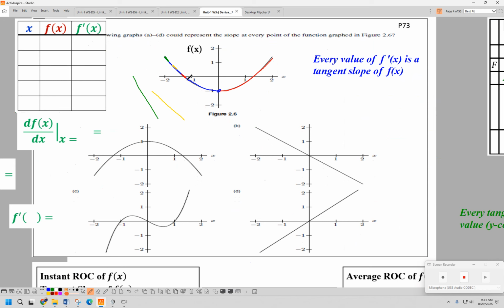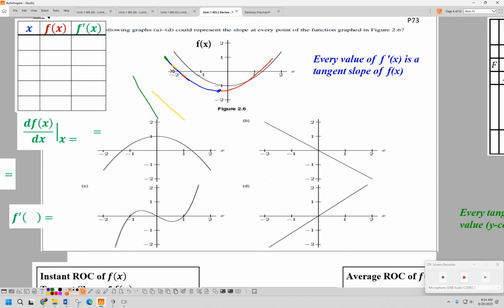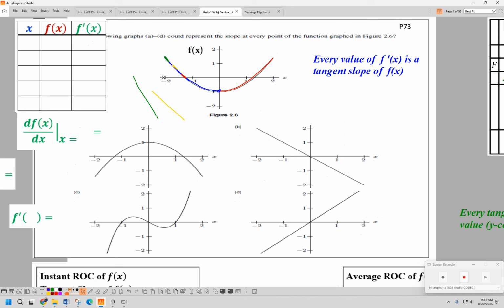Okay? So the tangent line slope of the green is negative. The tangent line slope of the yellow is a little less negative. Don't move on me. The tangent line slope of the red is even a little less negative. So we're going from negative slope to less negative slope to less negative slope.